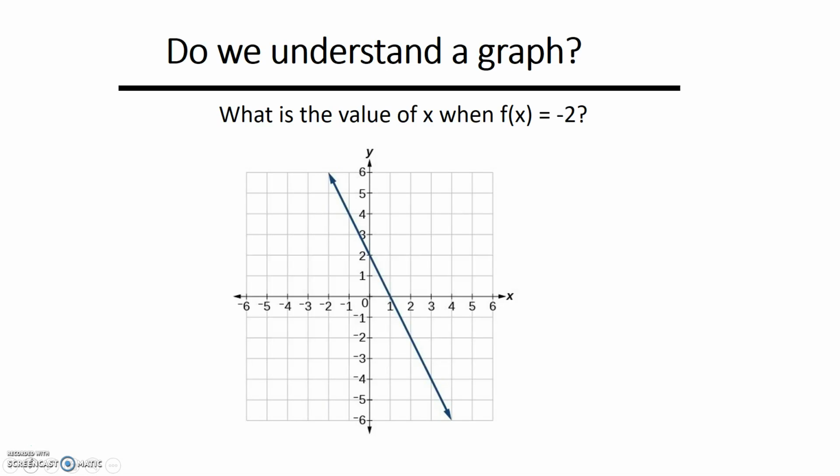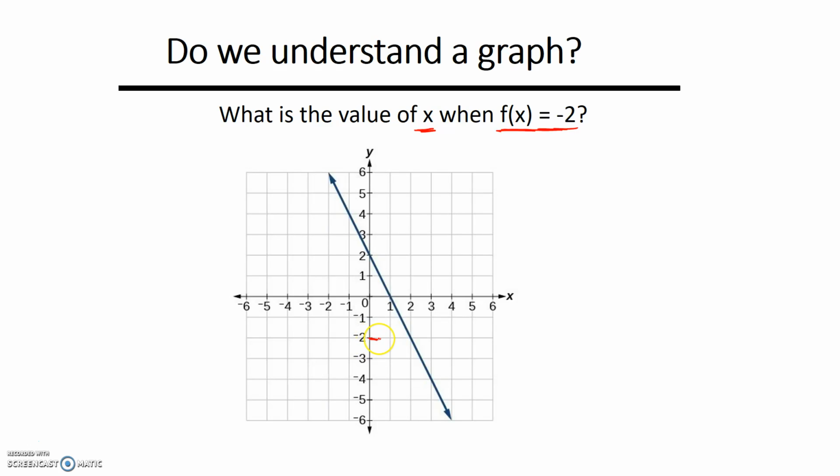All right, last one here. Same deal, same graph, but now I'm asking you, what is the value of x when f of x is equal to -2? I want you guys to pause it, try it out, and then resume when you have your answer. All right, same deal. Now in reverse, what is the value of x when f of x equals -2? f of x is referring to my y-axis, so let me go down to -2.